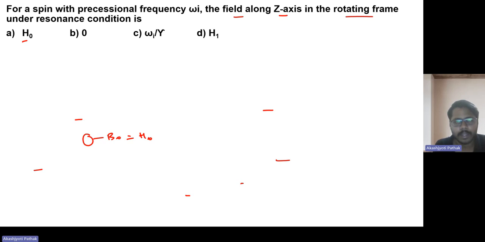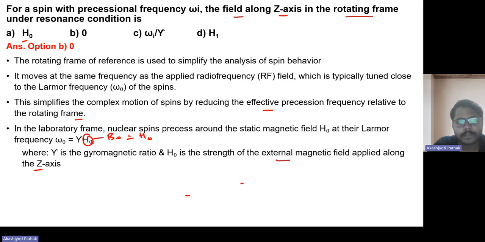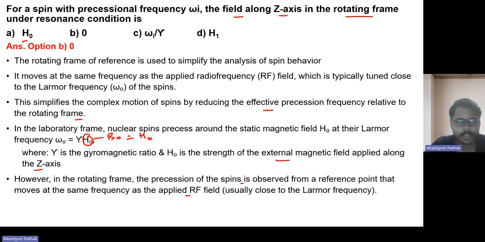Okay, so under such a condition, what happens? You are changing the frame of reference from the laboratory frame to the rotating frame, and because of the change in frame, the external magnetic field, that is this H naught, changes and becomes equal to this, the frequency changes to omega naught equal to gamma into H naught.